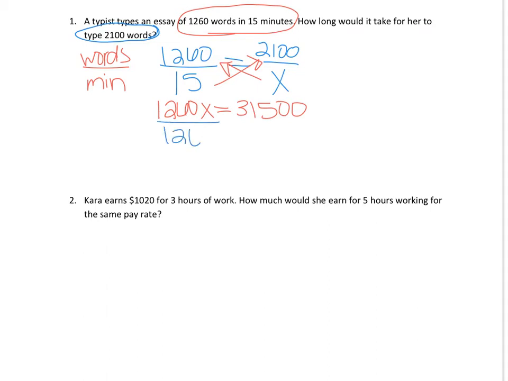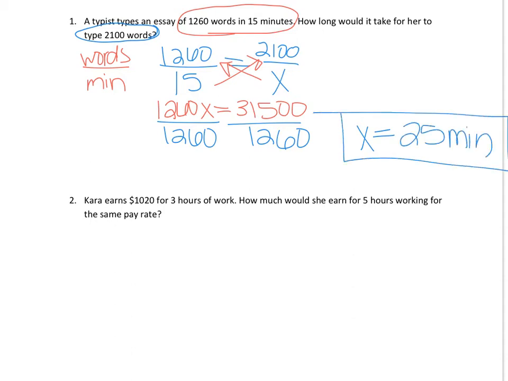Very good. Divide by 1,260. And just for time purposes, when you solve that, you get 25 minutes. It would take her 25 minutes to type 2,100 words, assuming she's typing at the same rate. Make sense? Okay, hopefully today won't be too bad.